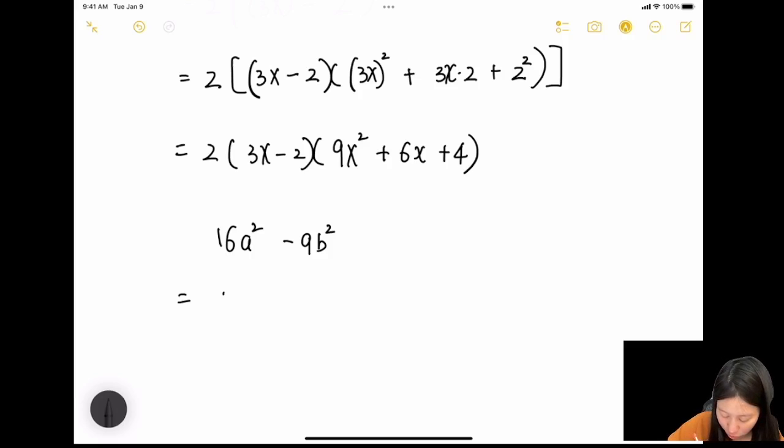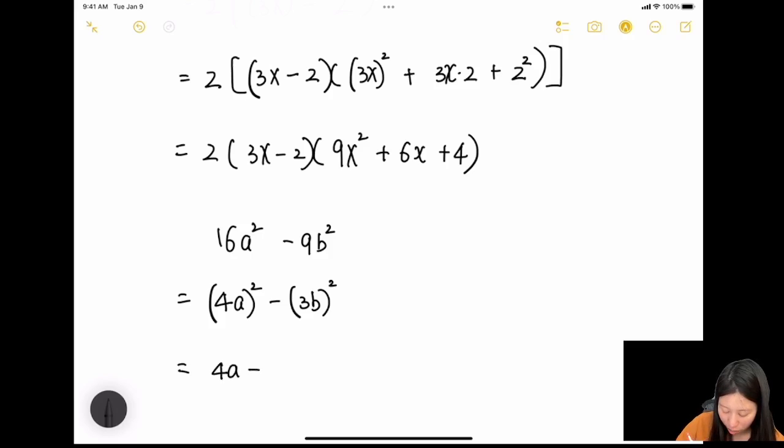So we can rewrite 16 as 4 squared. So 16a squared equals (4 times a) squared minus (3 times b) squared. So I have (4a minus 3b) times (4a plus 3b).